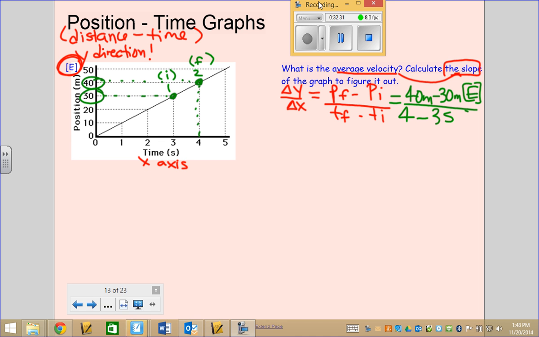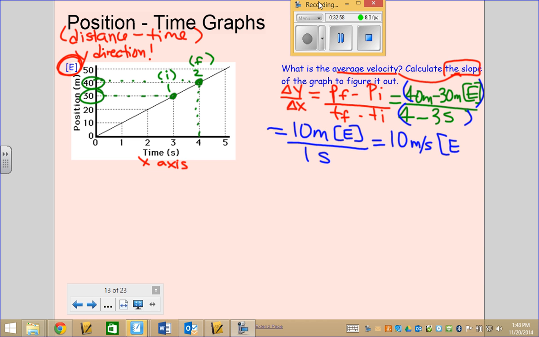Now remember that when you do slope especially, you have to do the subtracting on the top and on the bottom as though there were brackets there. So you do that first, then you do the dividing. This tells me that I'm going to divide 10 meters east by 1 second. That tells me that my answer is going to be 10 meters per second east.